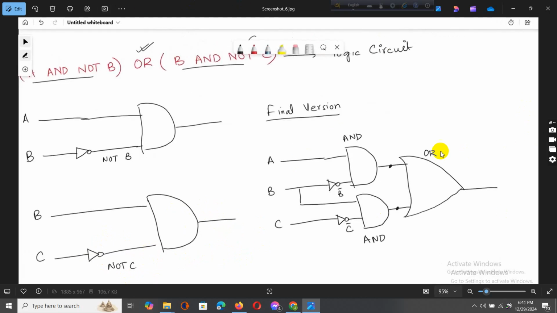These two circuits will join with the OR gate. So this is the final version of your logic circuit.